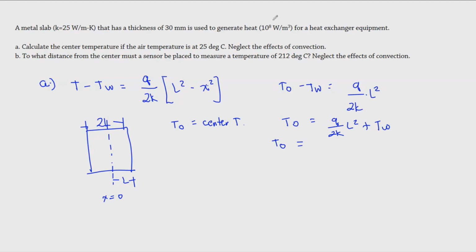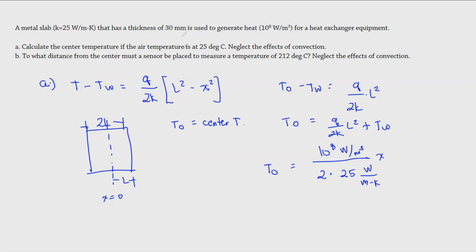So here Q is 10 to the 8 watts per cubic meter, divided by 2 multiplied with the thermal conductivity, so the unit is consistent, and then multiplied with L squared.